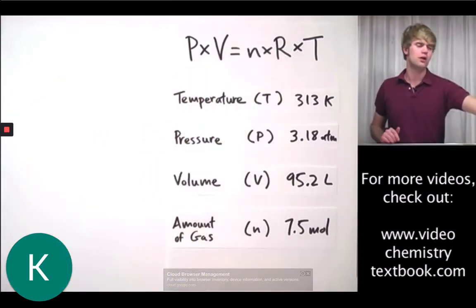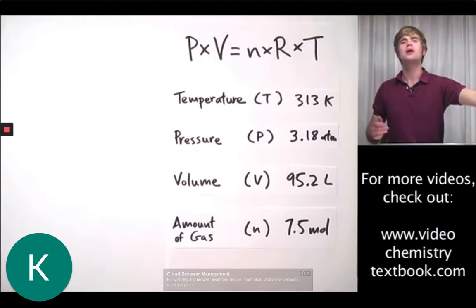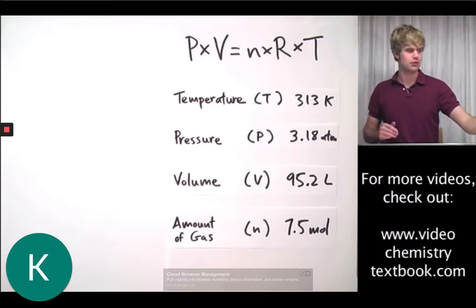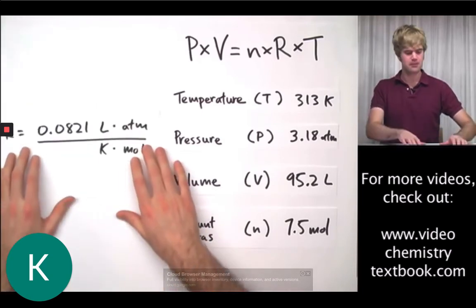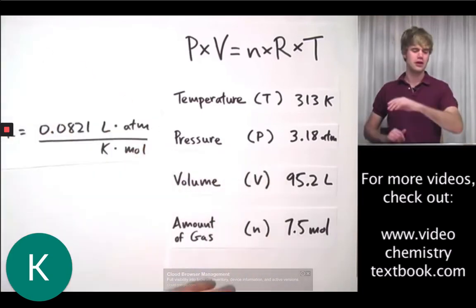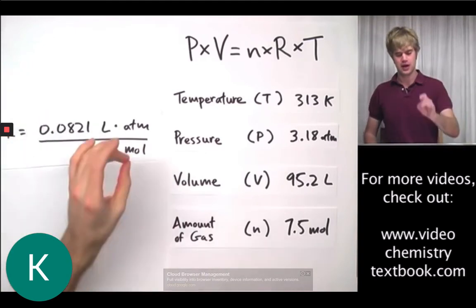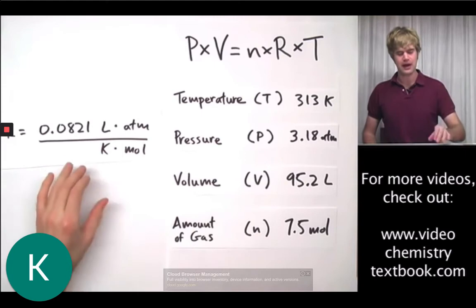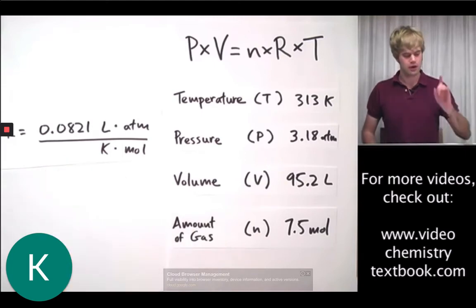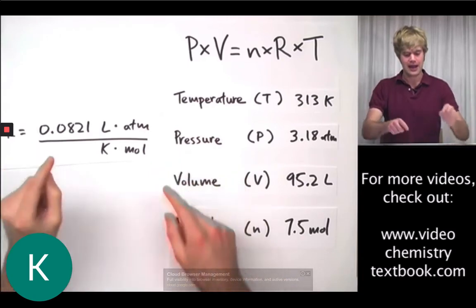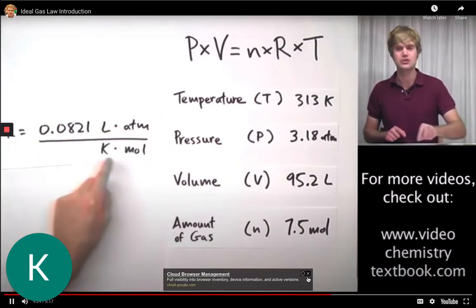R is what we call a constant. It's a number that we know ahead of time that doesn't depend on the variables in our problem. The R that I'm going to be using most of the time for the videos is 0.0821 liters times atm divided by Kelvin times mole. Now notice that this is a fraction. It has both a top and a bottom, and it also is not just a number, but it has units.